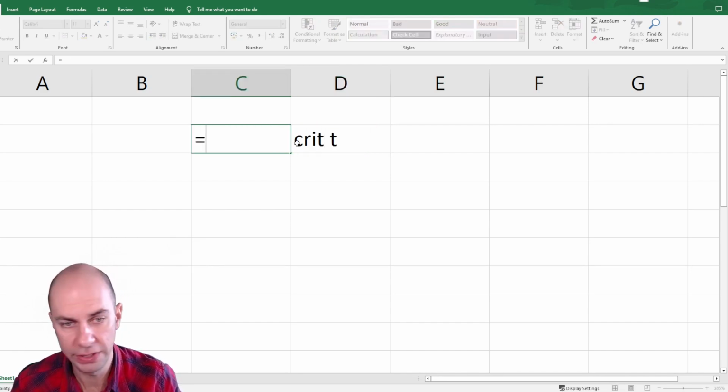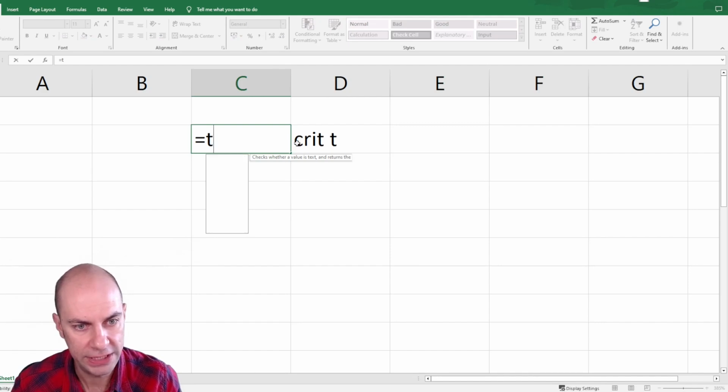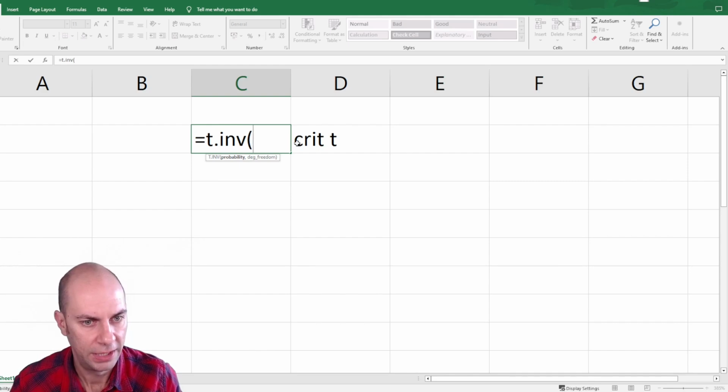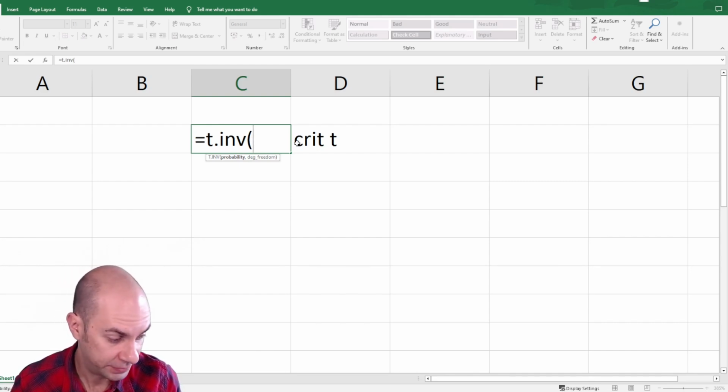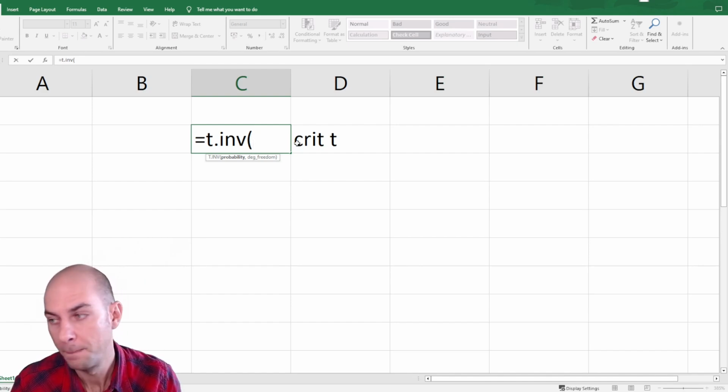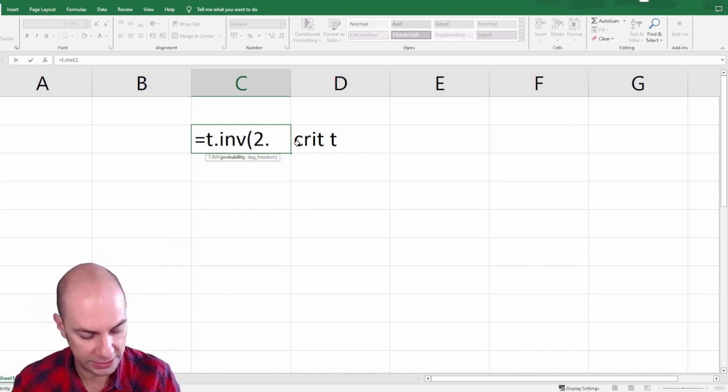What we could use here is T.INV, the inverse of the t. We are performing a test at the 5% significance level, so I can get the left tail by putting half of that 5% as my probability. In this case, it's going to be 2.5% in the left tail.